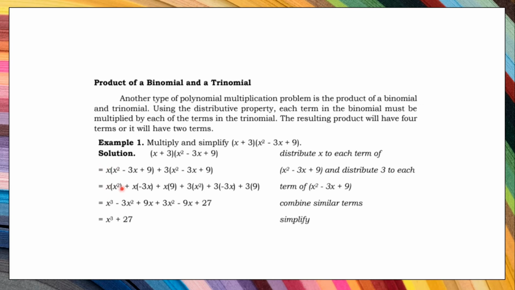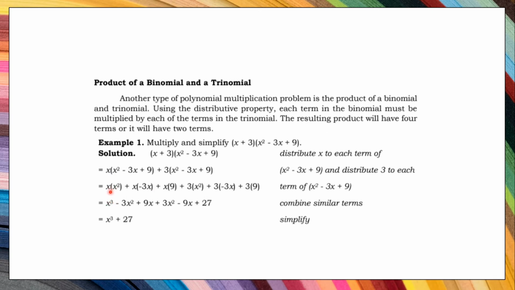We have to multiply x by x squared and also by minus 3x plus 9, plus for the next term 3, we will also multiply it there. We will distribute 3 to x squared, minus 3x, and also 9. So here is the solution.